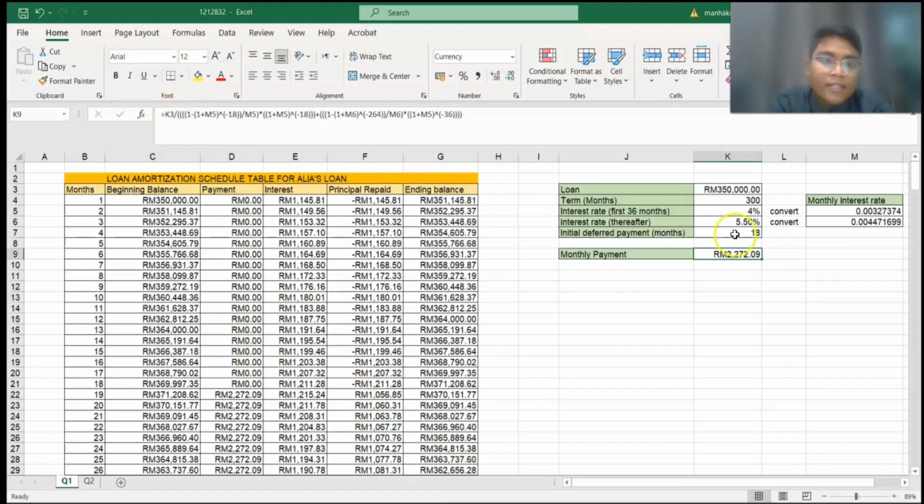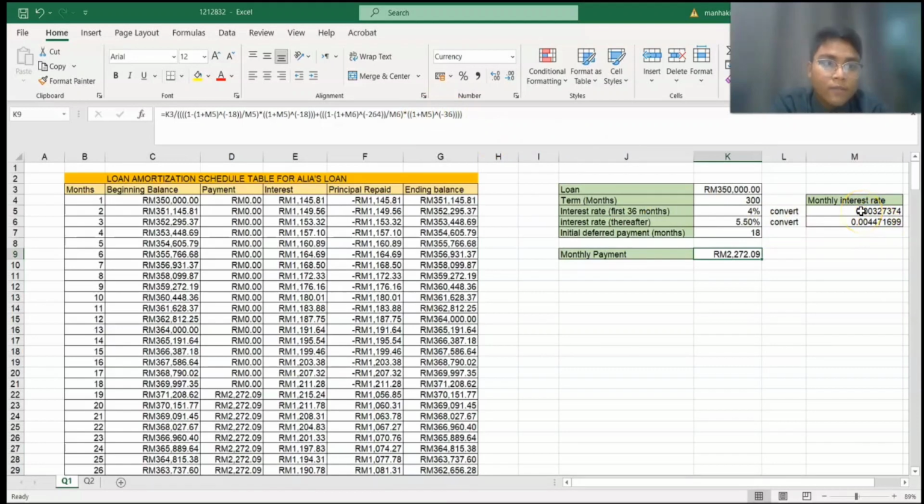K3 is our loan, so it is 1 minus 1 plus M5 to the power of negative 18 over M5, which is a angle 18, over M5, multiplied by v^18, that is 1 plus M5 to the power of negative 18, plus a angle 264 using M6. For v^36, we use M5.